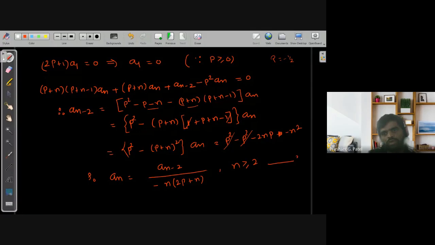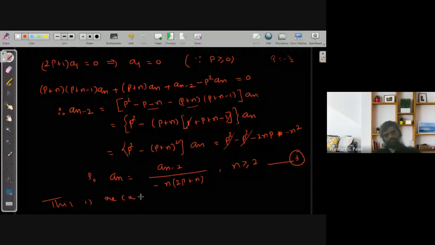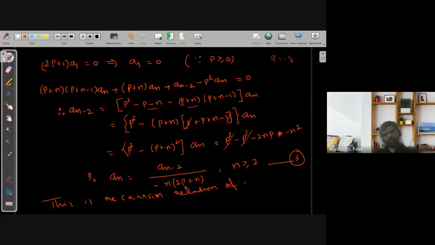I call this recurrence relation 3, the recurrence relation of equation 3 we have.